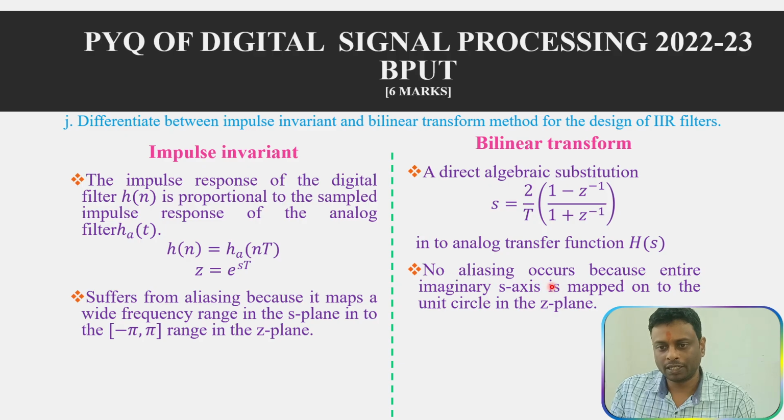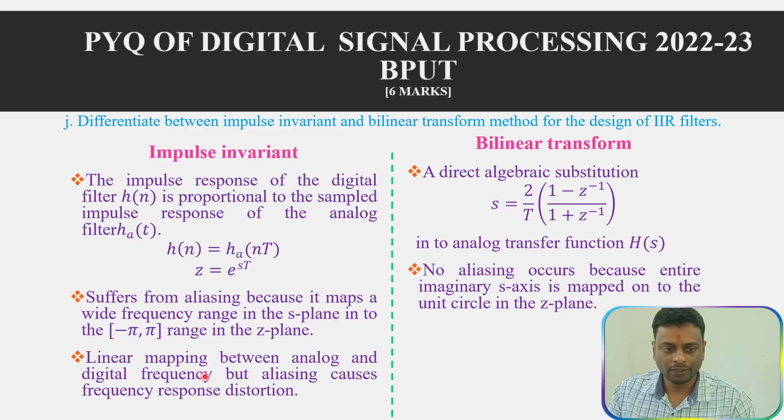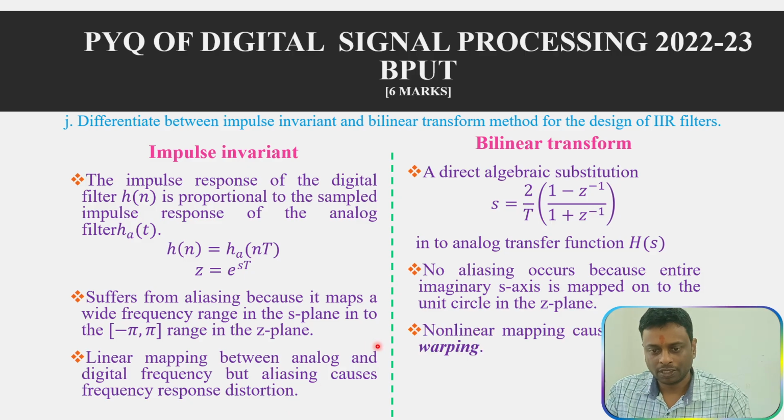There is no aliasing in the bilinear transformation; it maps the S axis to the unit circle of the Z plane. The mapping is linear in impulse invariant, but aliasing causes frequency response distortions. In bilinear transformation the mapping is non-linear, which causes frequency warping.